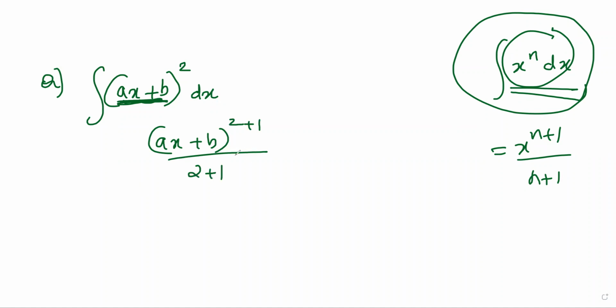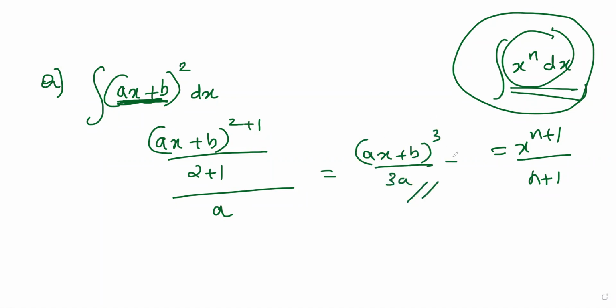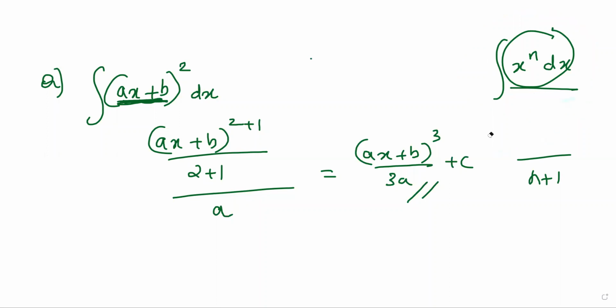Then you have to divide that by the derivative of ax plus b. What is the derivative of ax plus b? a. So you will get (ax plus b) the whole cube by 3a plus c. Yes, Gopika, plus c.